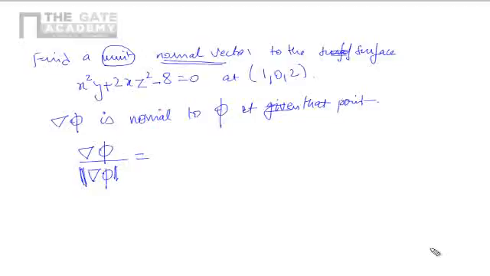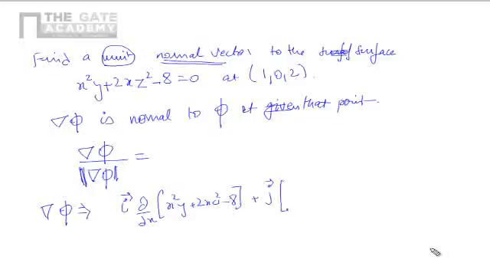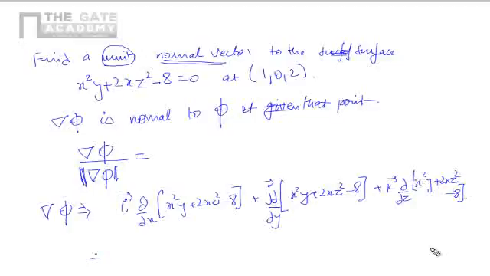So what is del phi? Del phi is nothing but, for the given function, i vector times dou by dou x of x square y plus 2xz square minus 8, plus j vector times dou by dou y of x square y plus 2xz square minus 8, plus k dou by dou z of x square y plus 2xz square minus 8. So when you simplify this, what will we get?